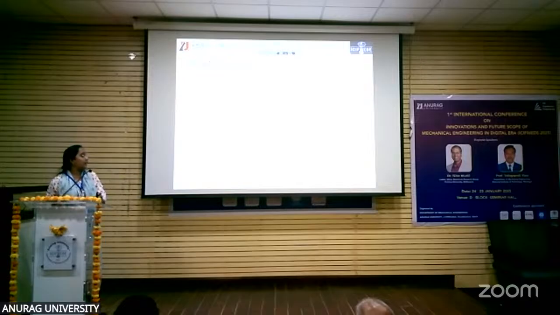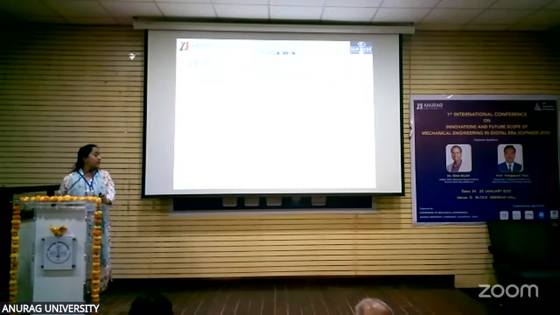For kinematic viscosity, diesel is around 4.5 centistokes, and for polypropylene we have around 4.4 to 4.5 centistokes. The density of diesel is around 800 kg per meter cube, and the polypropylene density is around 770 kg per meter cube. So analyzing all these properties, we can say that polypropylene can be used as an alternative fuel for diesel.